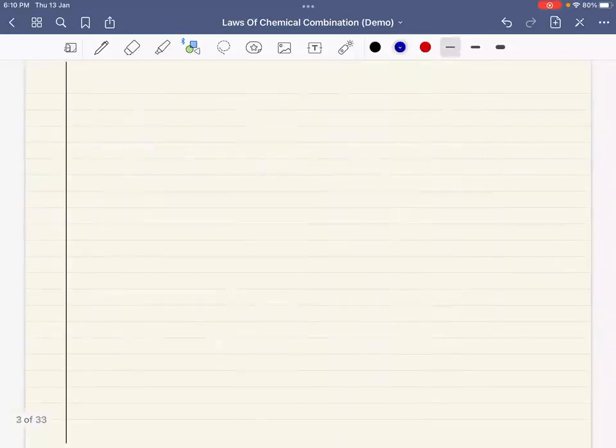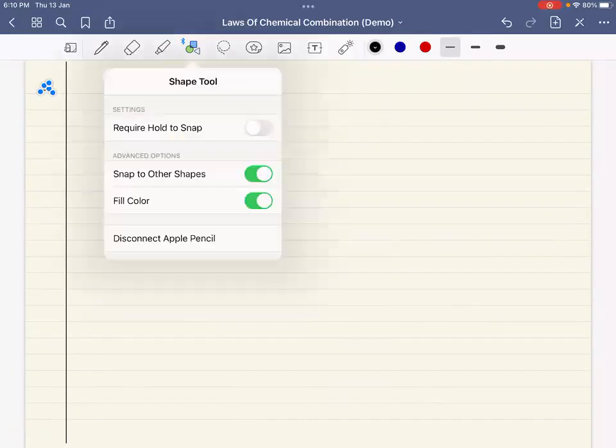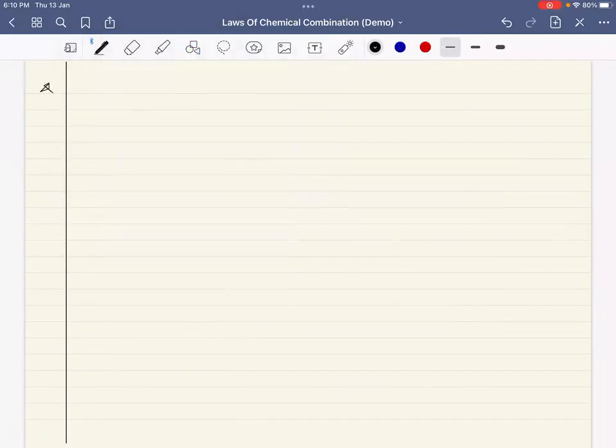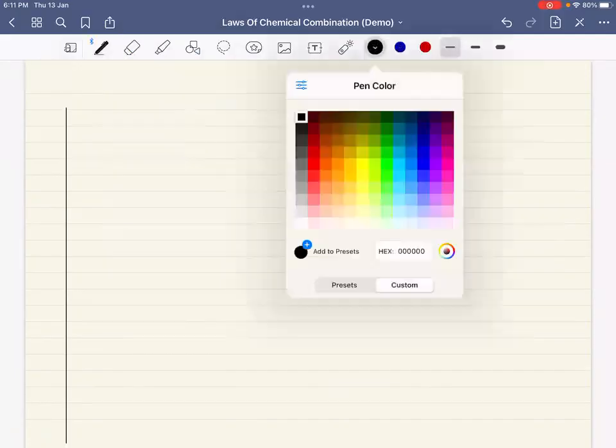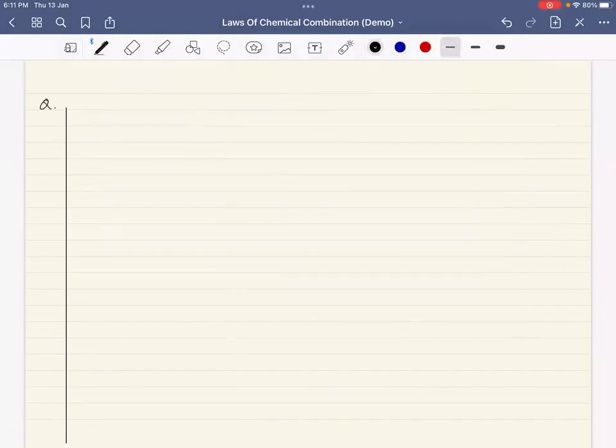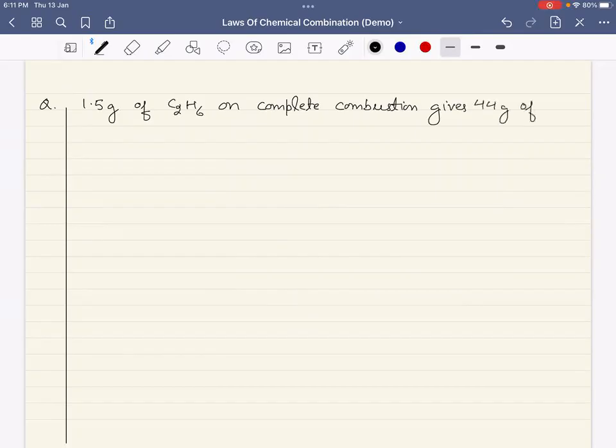Now let us do one problem on this law. So write down the question. 1.5 gram of C2H6, that is ethane, on complete combustion gives 4.4 gram of carbon dioxide, that is CO2, and 2.7 gram of H2O, that is water.